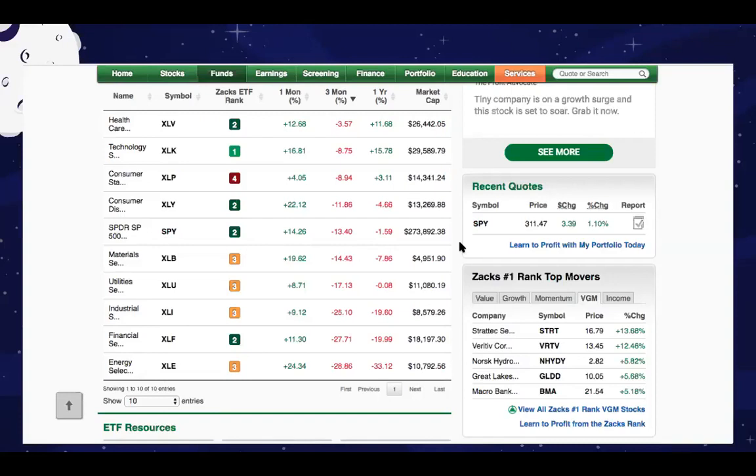You guys are really going to want to buckle down and understand how money moves. Can anyone give me any clue of what rotation means? What I'm talking about, rotation. Yeah, sector rotation.